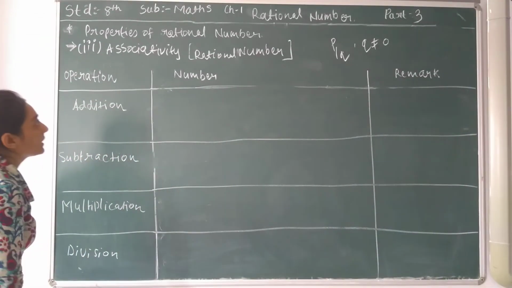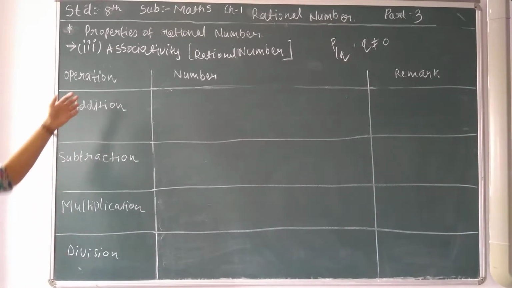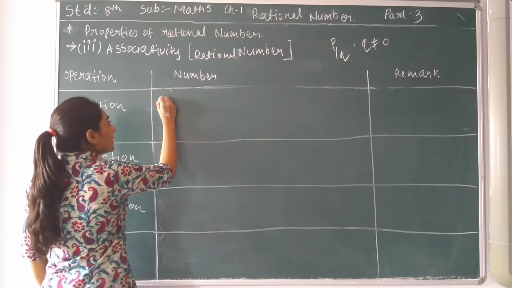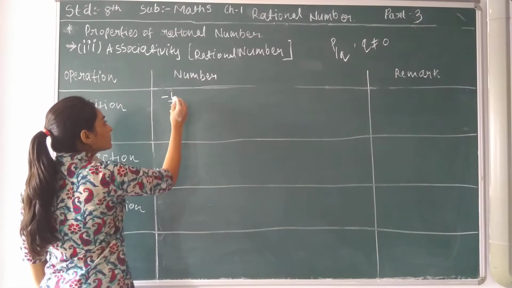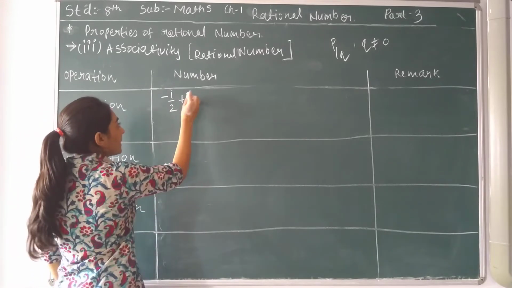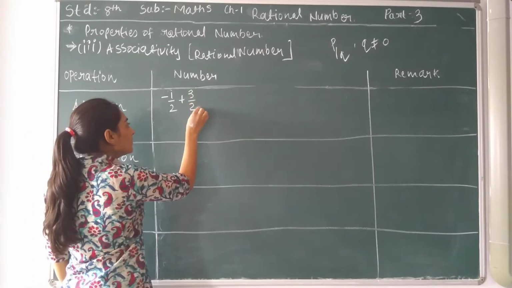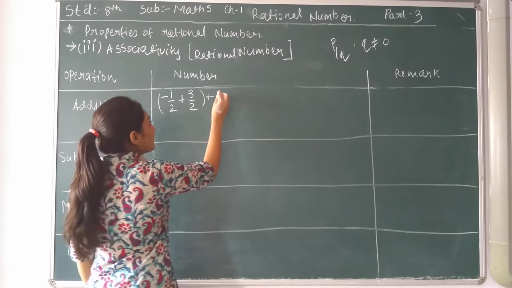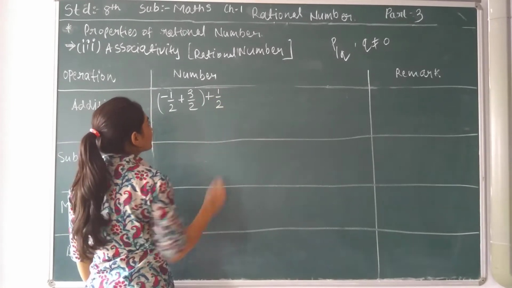Now take 3 elements and do the additions. I am taking minus 1 by 2, plus 3 by 2, plus 1 by 2.